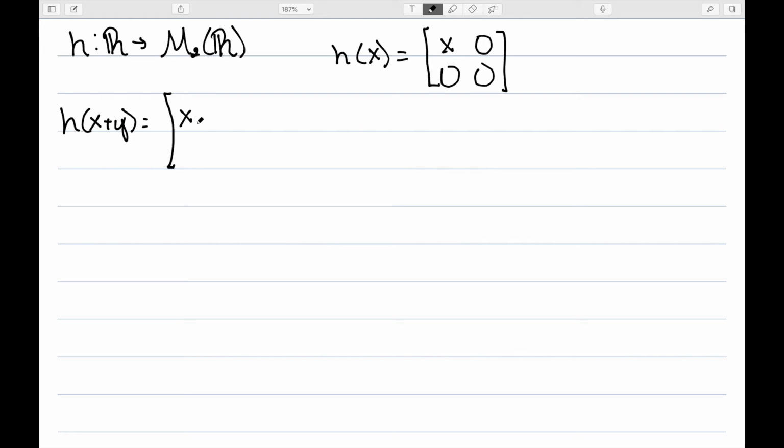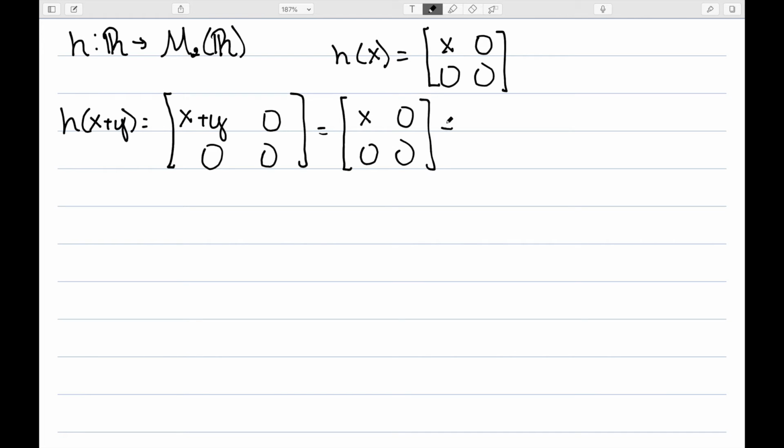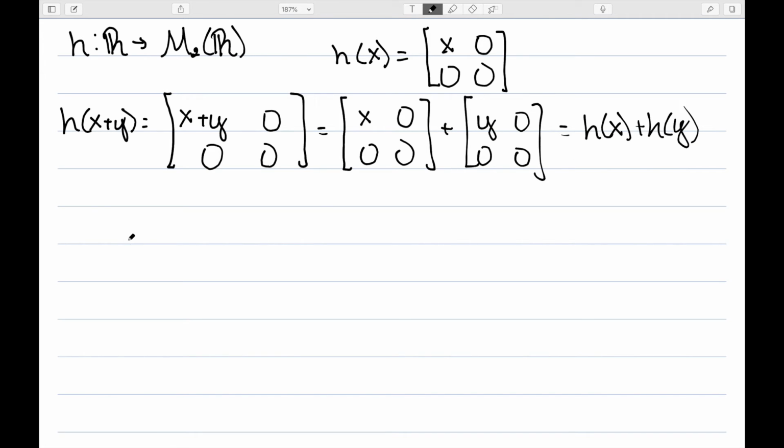This is, by definition of the function, [x+y, 0; 0, 0]. Matrix addition says I can break this up as [x, 0; 0, 0] plus [y, 0; 0, 0], which is by definition h of x plus h of y.